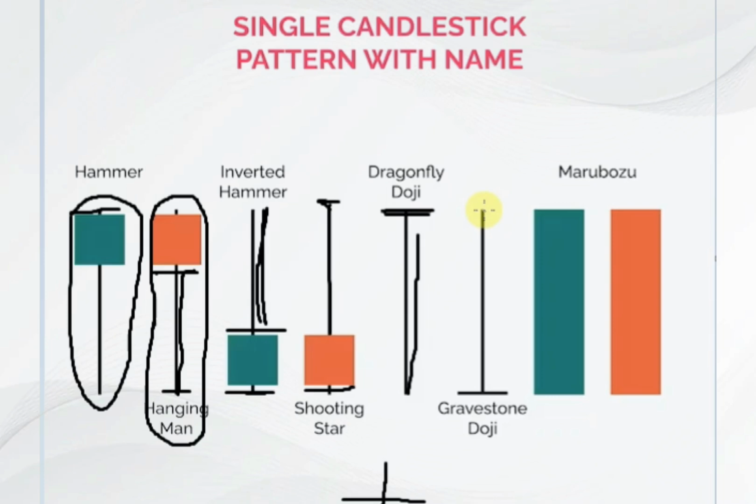The sellers pushed it to the downside, it opened at this point, the buyers took it up while the sellers took it down, closing at the open price of the candlestick. All right, so this also indicates a reversal to the downside or an indecision. It will serve as an indecision candle or a candle to the downside.